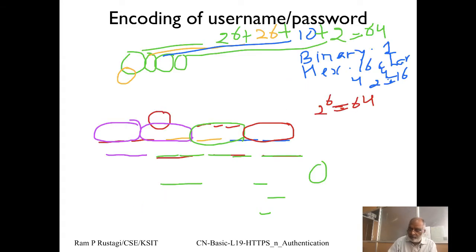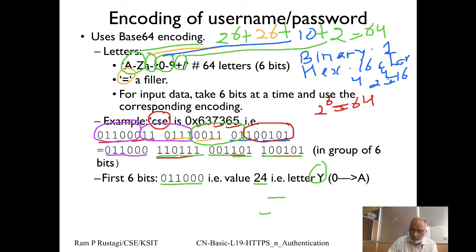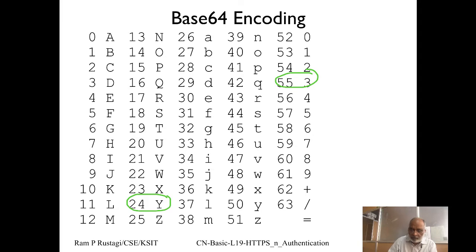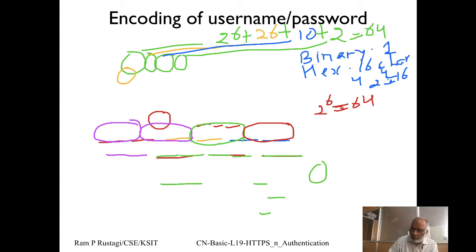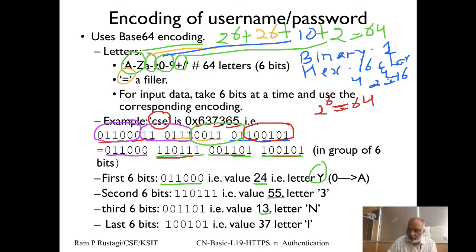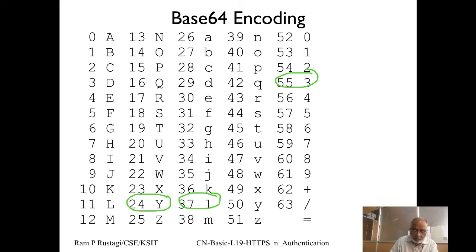The next letter was 13, and then 37. 13 is N, and 37 is small l.